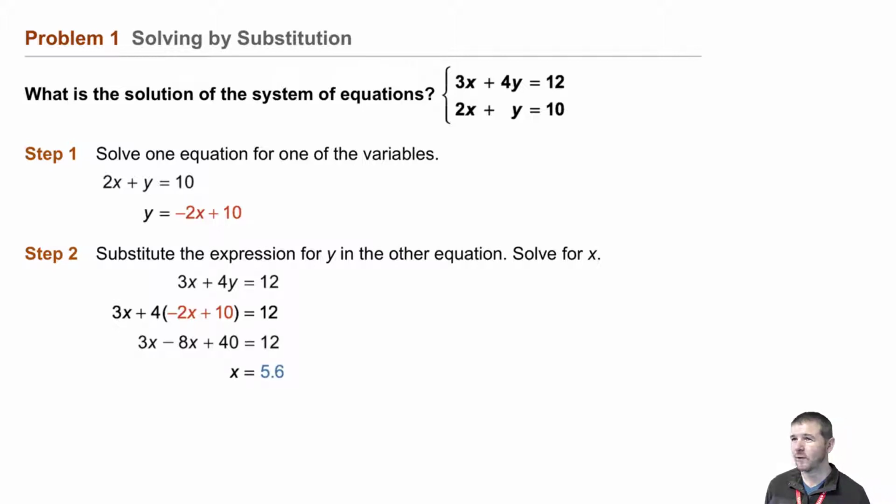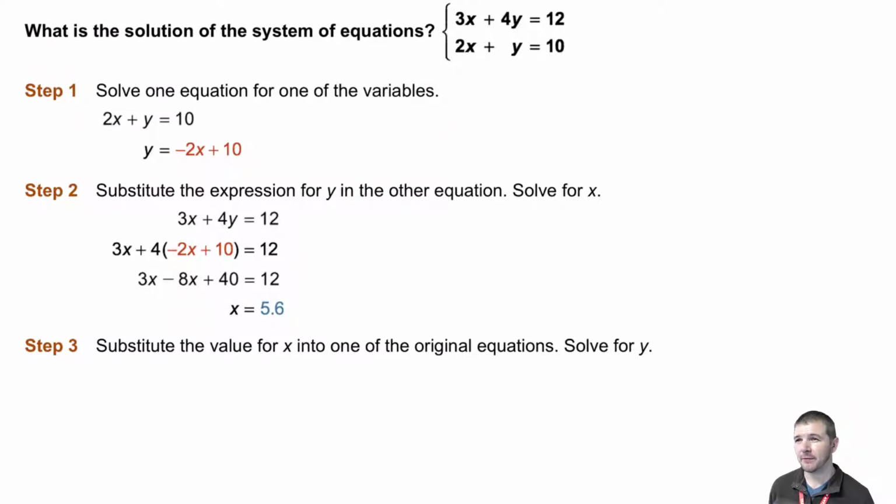Now that we've solved for one variable, and we have a value for x, we can substitute that value for x in either of the original equations, and then solve for y. So in step 3, substitute the value for x into one of the original equations and solve for y.